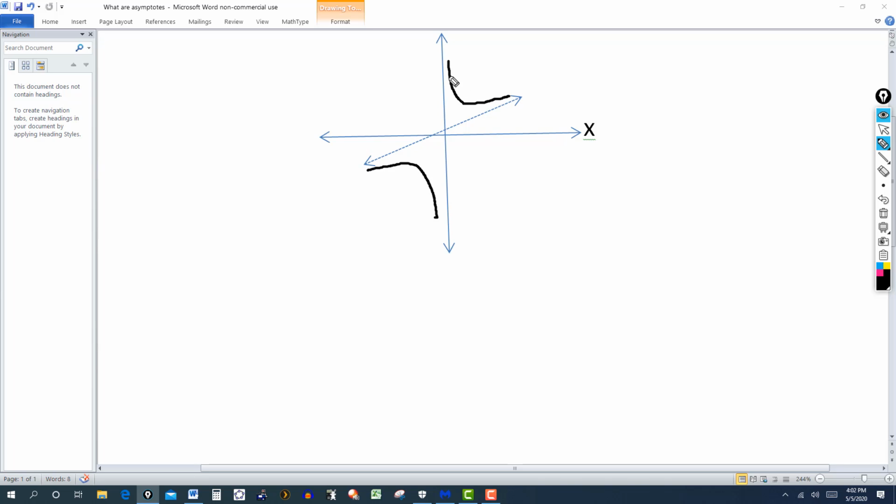So in this case, the graph approaches the y-axis as I go up here, down here, and then it also approaches this line right here. So this would be a slant, also called an oblique asymptote.